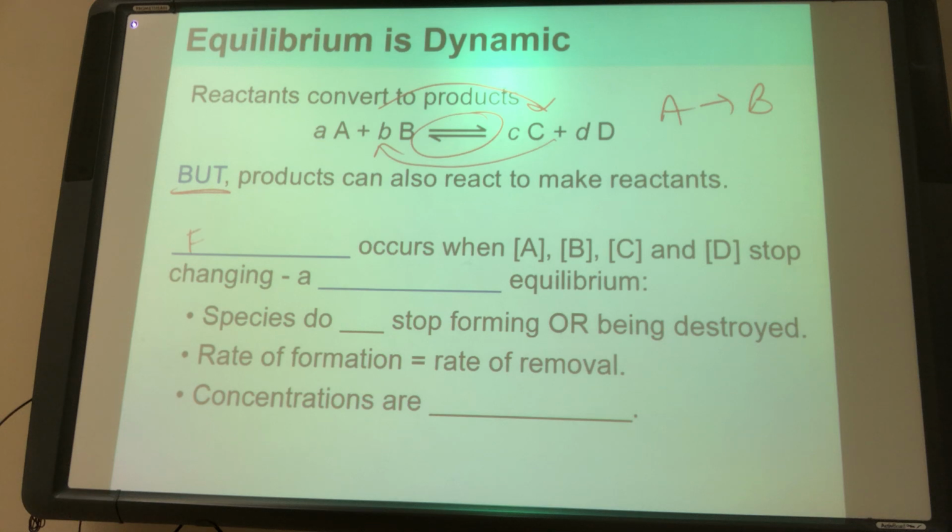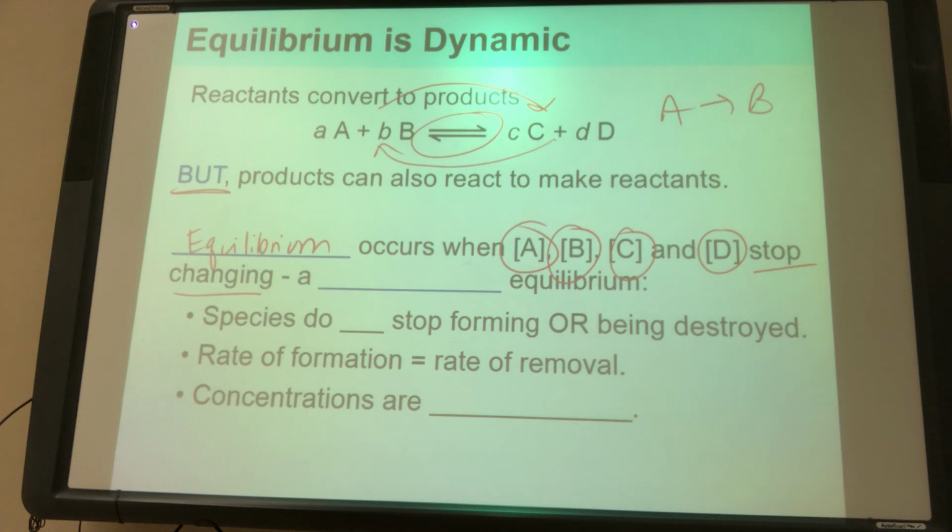Equilibrium occurs when the concentrations of my reactants and my products stop changing, not how much I have of each one, but their concentrations.